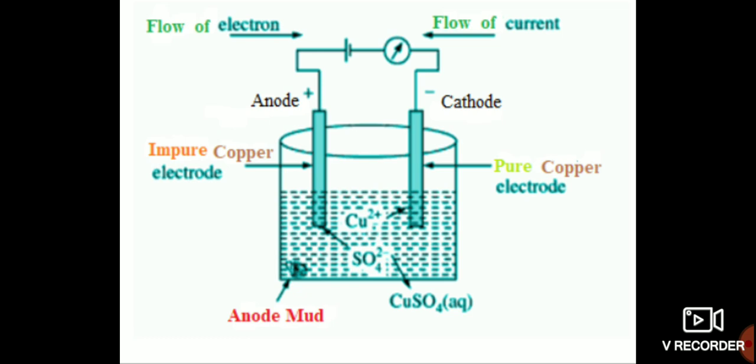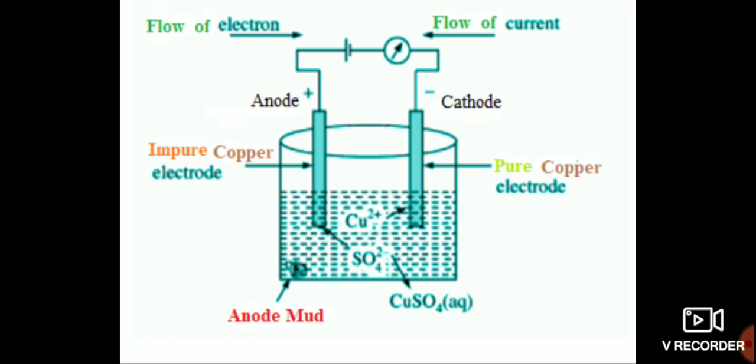Which electrolyte is used in the refining of copper? The electrolyte is CuSO4, copper sulfate. In the refining process, the anode is positively charged and the cathode is negatively charged.